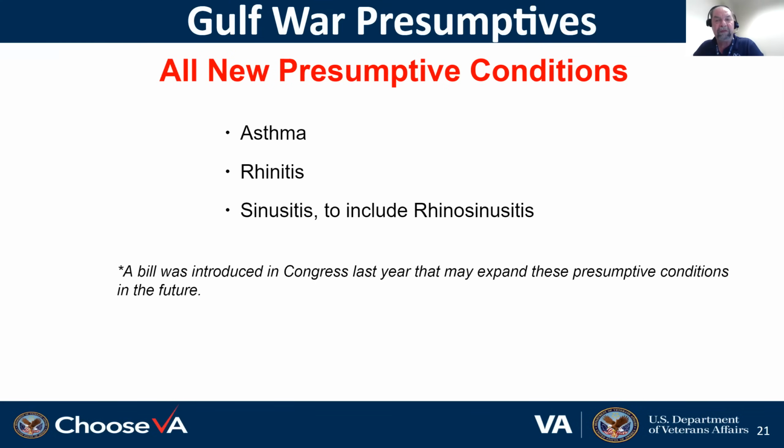There's also evidence of burning batteries, burning chemicals, burning all kinds of ingredients, and obviously the smoke and the byproduct from those burns wound up in the air, and the result was that veterans were completely exposed to that. So the Secretary of the VA said, all right, let's start with the asthma, the rhinitis, and the sinusitis, including the rhinosinusitis conditions that veterans may have experienced.